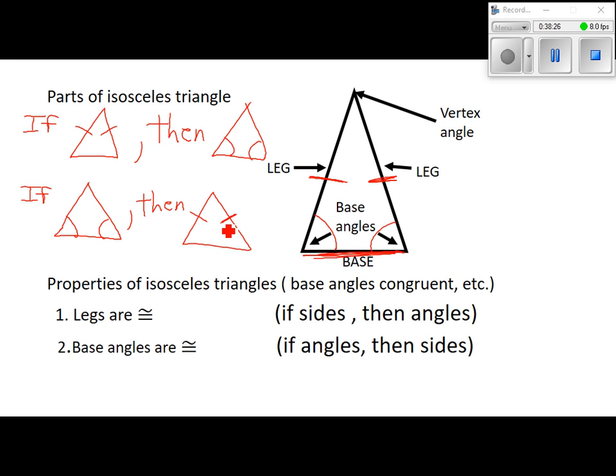They have to be congruent. So anytime you're looking at a triangle, if they tell you these two sides are congruent, then you know that these two angles have to be congruent. If they tell you that these two angles in the triangle are congruent, then the sides across from them have to be congruent.